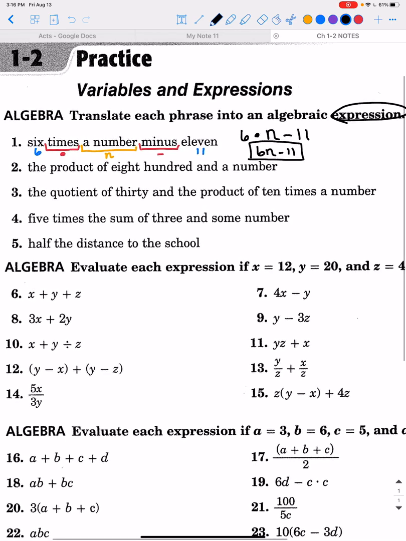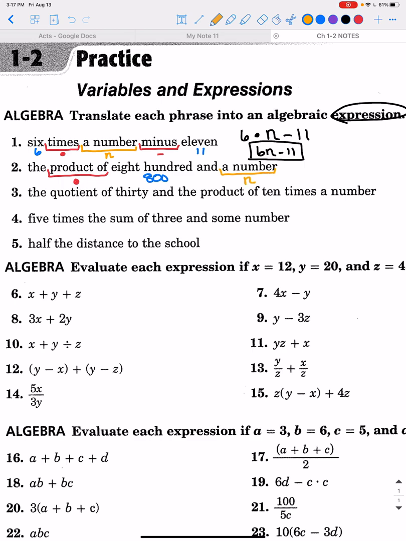So if we look at number 2, again, let's look for those operation words. So we have the product of, we know that that's multiplication. The product of what? Well, we've got 800. And then we also have a number that we're going to use n to represent.